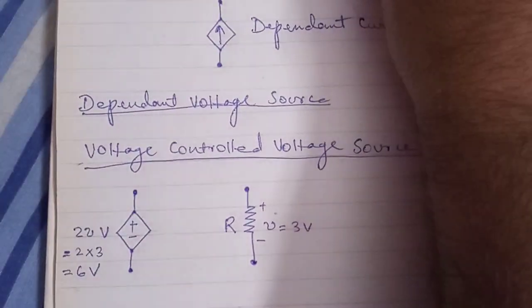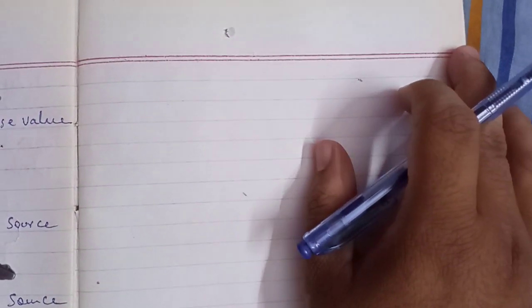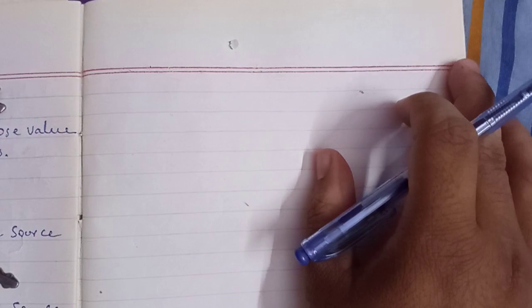Now the other type is the current controlled voltage source.